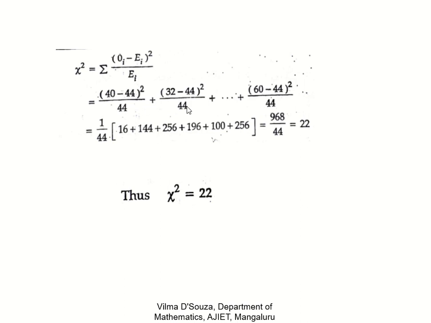So the denominator is 44, so you take 1 by 44 out. 40 minus 44 is minus 4, so minus 4 whole square is 16, plus 32 minus 44, that is minus 12, minus 12 whole square is 144, plus the next number. Go on checking, calculate each of the sums. Then divide by 44 and it gives you 22. So the value of chi-square is 22.